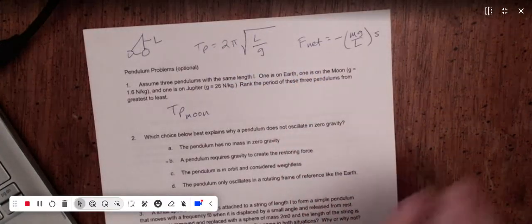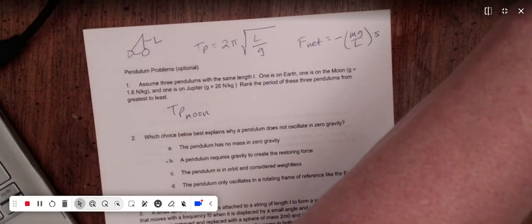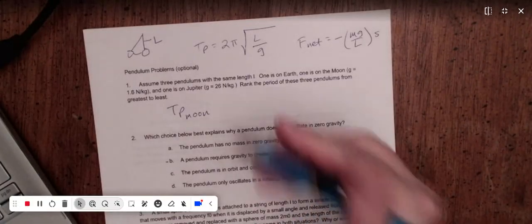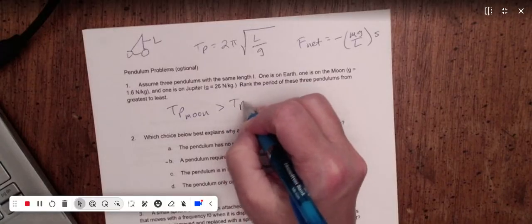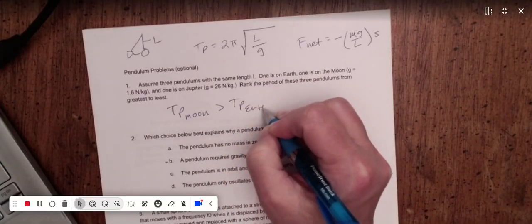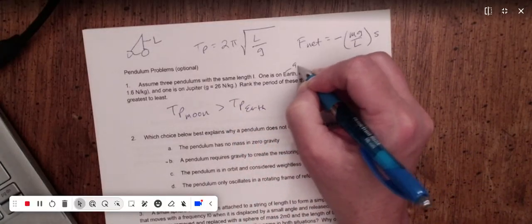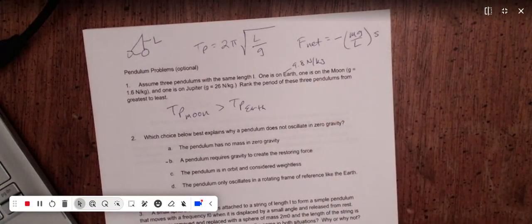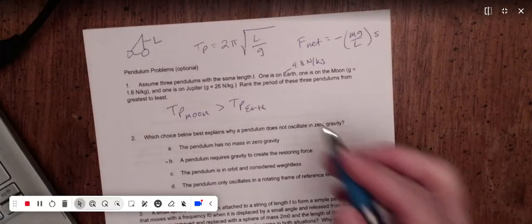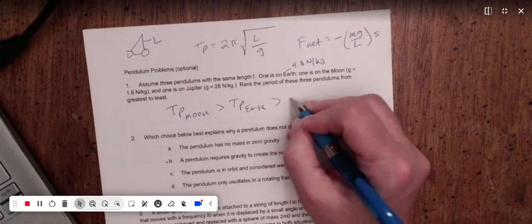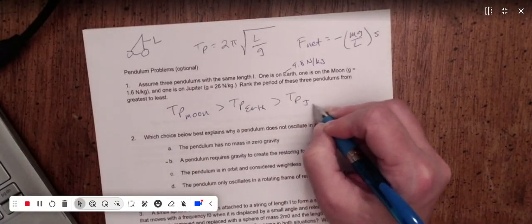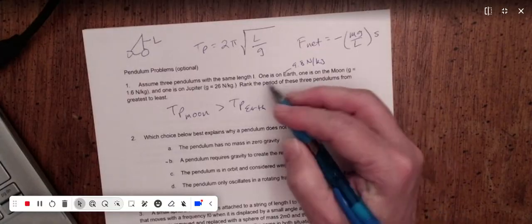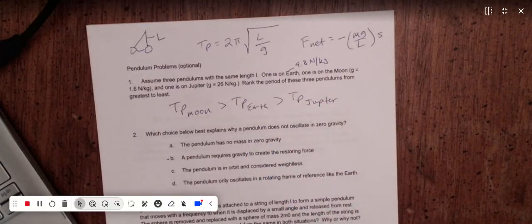So the period of the one on the moon is going to be greater than the period of the one on Earth, because remember, for Earth this is just our 9.8 newtons per kilogram or meters per second squared. And then finally Jupiter, because it's huge, so it's got a much larger gravitational field strength.